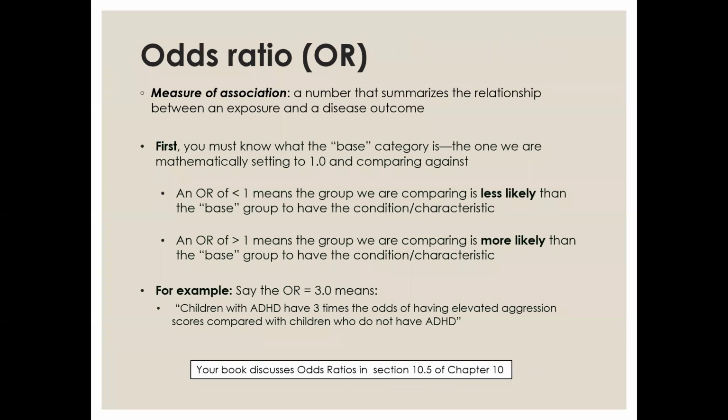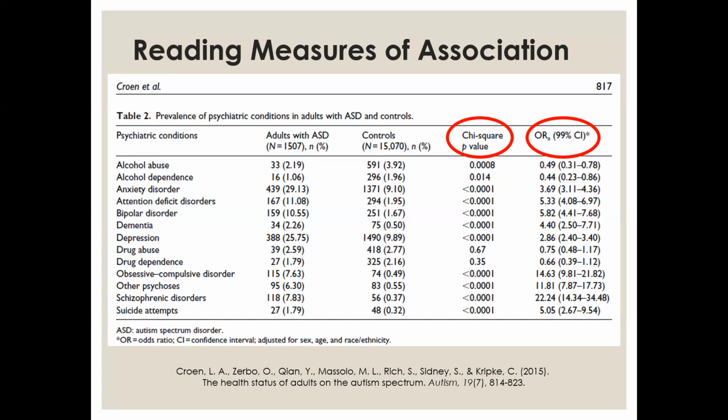Let's go back and see what's the 3 times, what's the odds of someone having this other condition being an adult with ASD or a control. Right? They looked at alcohol abuse, dependence, anxiety, attention deficit, bipolar disorder, dementia, depression, drug use, drug dependence, OCD, psychoses, schizophrenia, and suicide attempts.